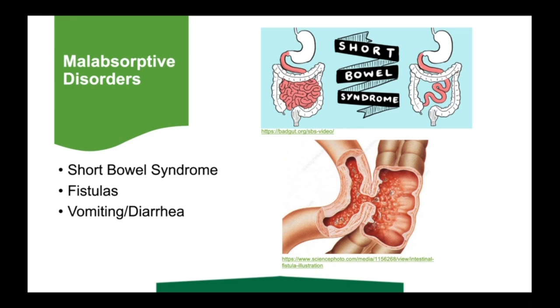A fistula is defined as an abnormal connection between two organs, skin, or a wound. This can occur in the GI tract, often due to surgery, and is called an enterocutaneous fistula. Depending on the fistula origin, there can be malabsorption. One reason a fistula would be contraindicated for EN is if there is a fistula in the small bowel.